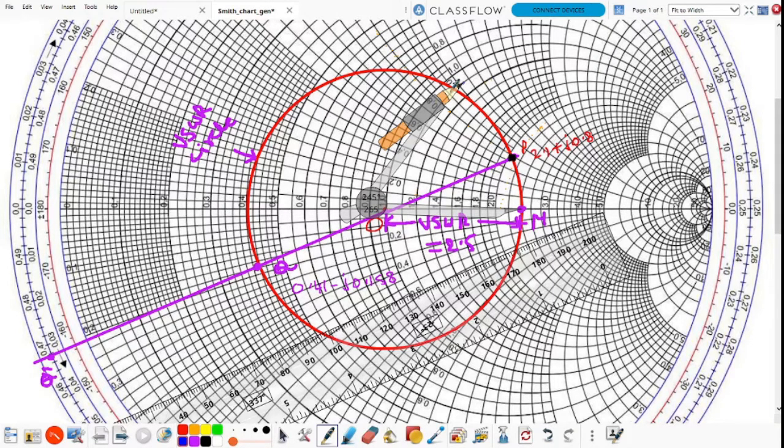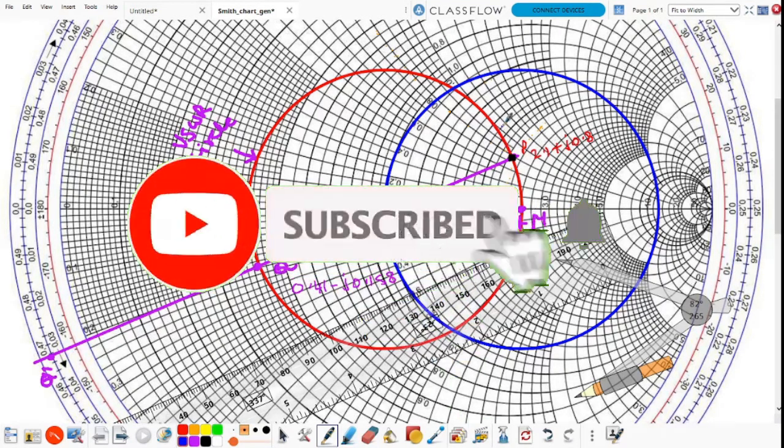First, with M as the center, draw a circle through the intersection point of the VSWR circle.